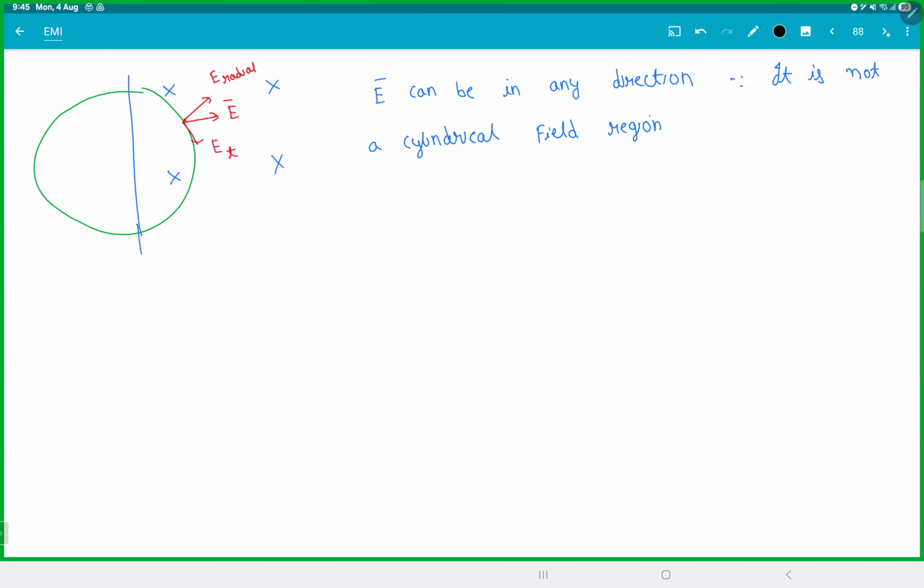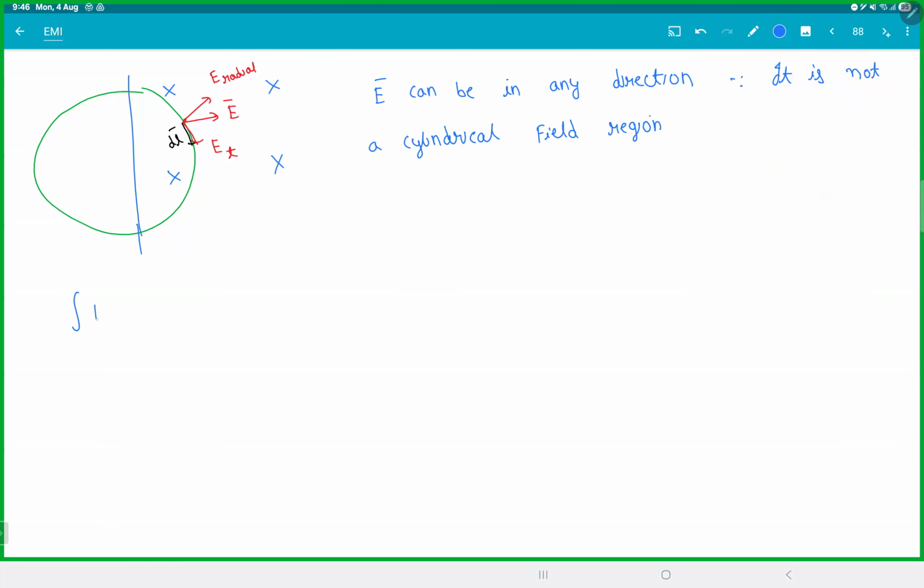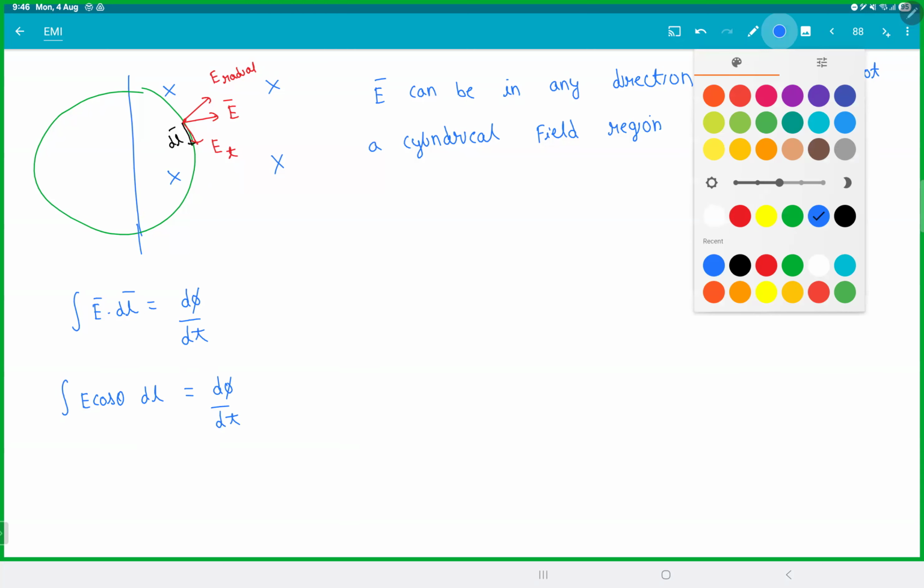So here, if you look at this, the dL bar also will be parallel here. So the integral of E dot dL will be d phi by dt.